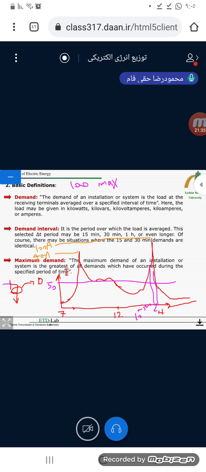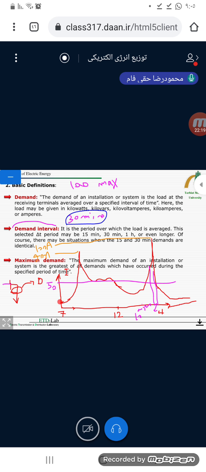Here, for some reasons, there is a need for averaging. Please see the averaging of the load curve. For example, if you select a demand interval of 30 minutes, you need to average this curve by 30 minute intervals.